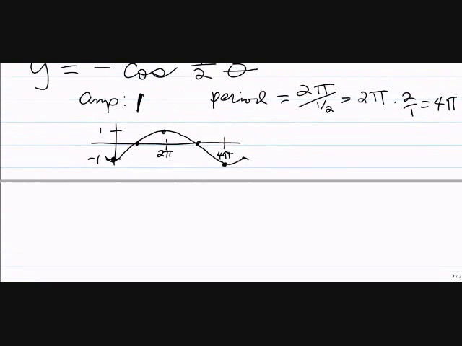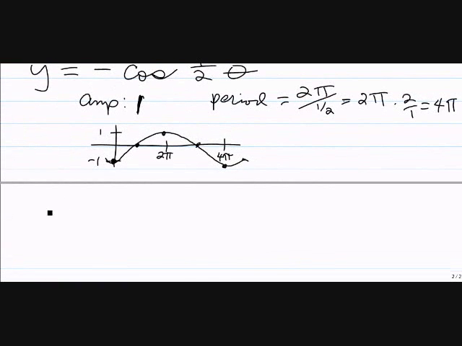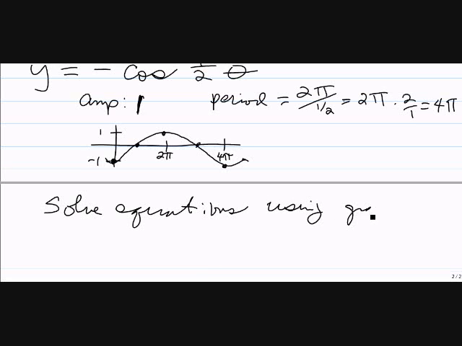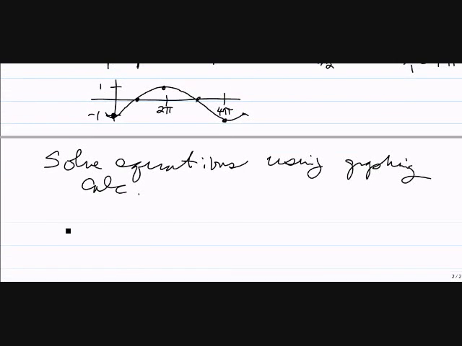Okay. Then the last thing, a little graphing calculator stuff, yay, is trying to solve equations using the graphing calculator. So solving an equation like 3 cosine 2x equals -2.